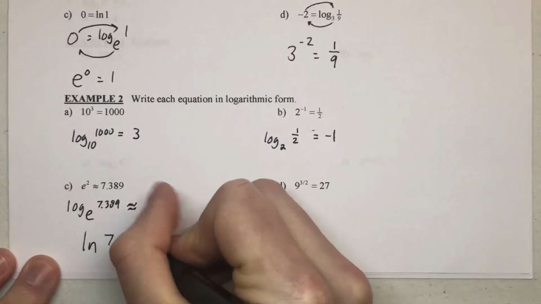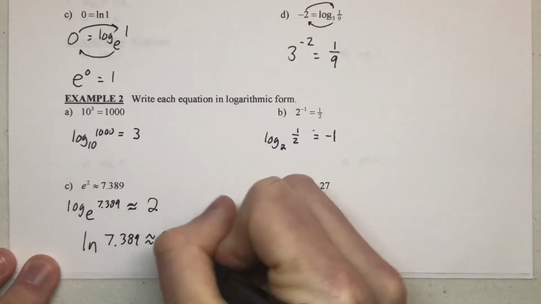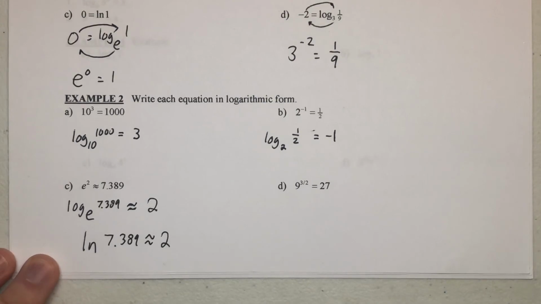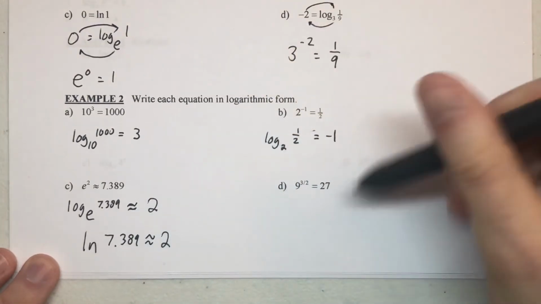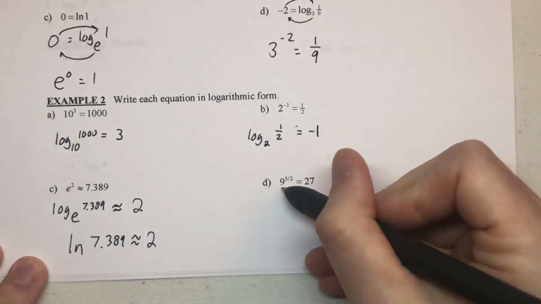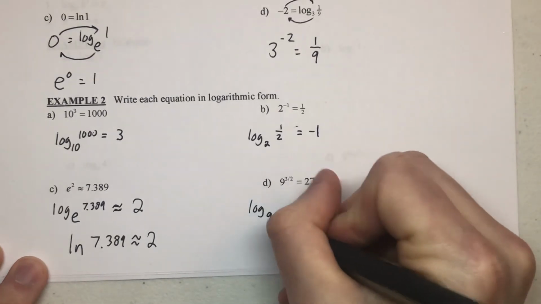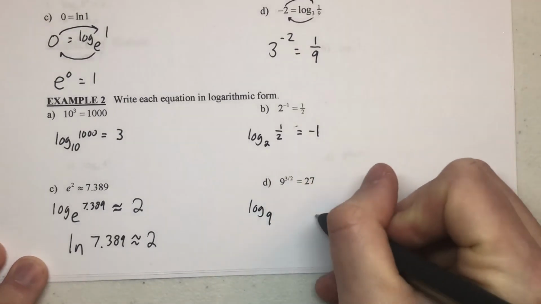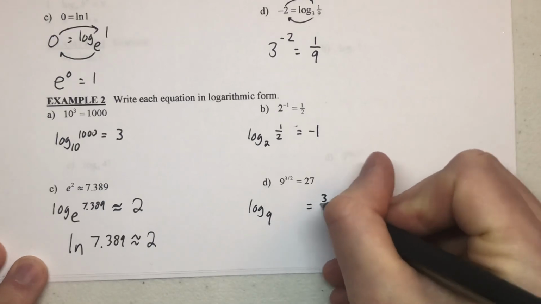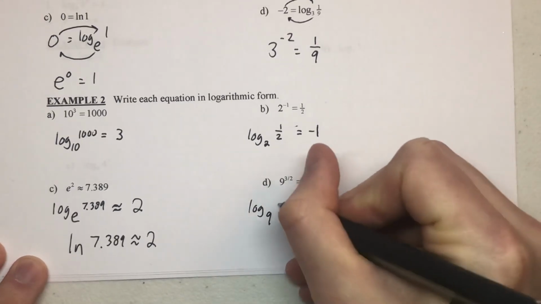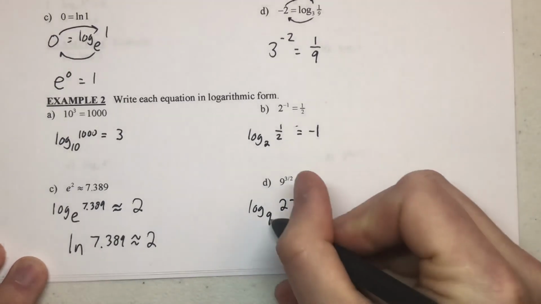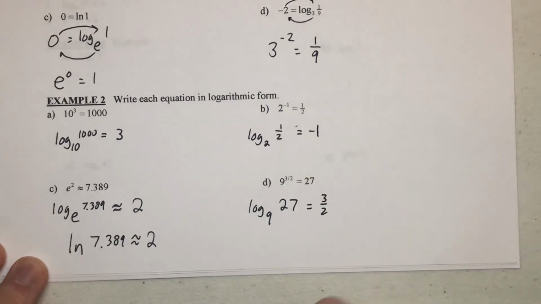So ln of 7.389 is approximately 2. Last one, base of 9. So log base 9. 9 to the, okay, so on this side of the equal sign goes the 3/2 equals 27. 9 to the 3/2 equals 27, and done.